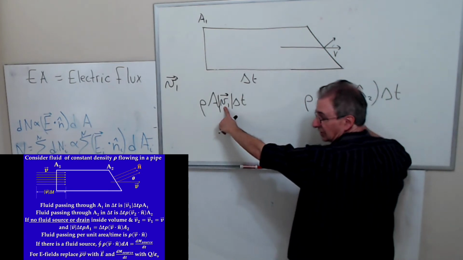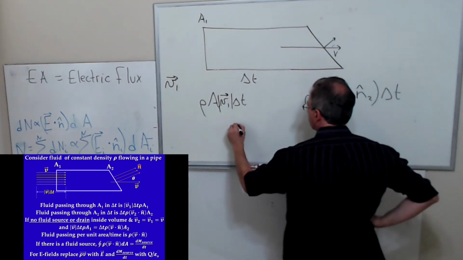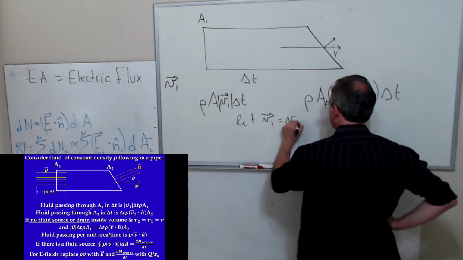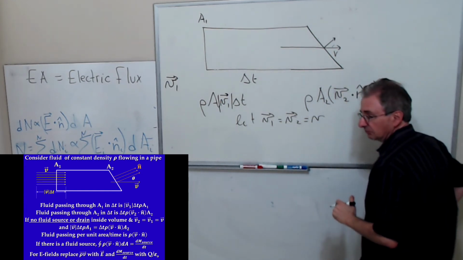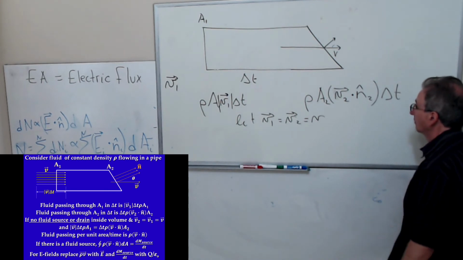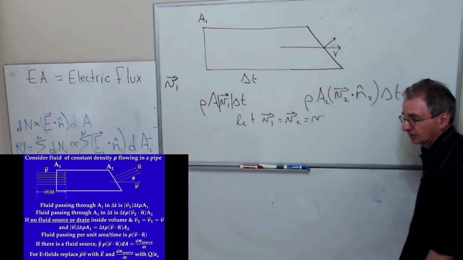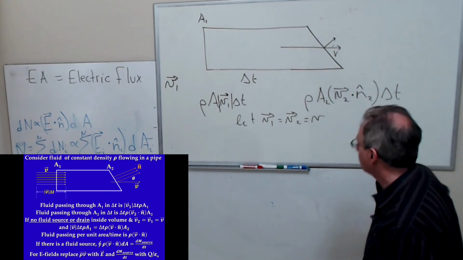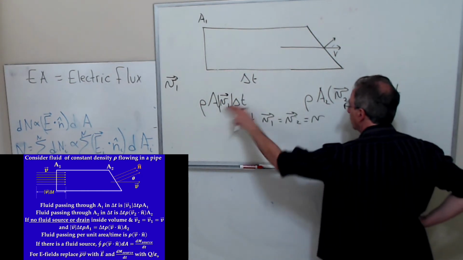Well, they don't have to be the same, but let's make them the same just for simplicity. Let V1 equal V2 equal V for simplicity. They don't have to be the same, but then this will change. Okay. So I want to keep it simple. Let's make V1 and V2 the same. That way the rhos are the same.